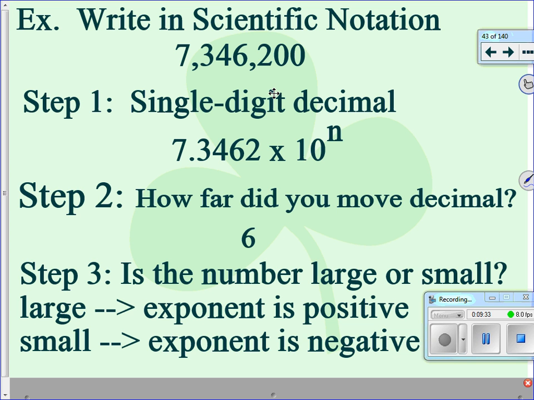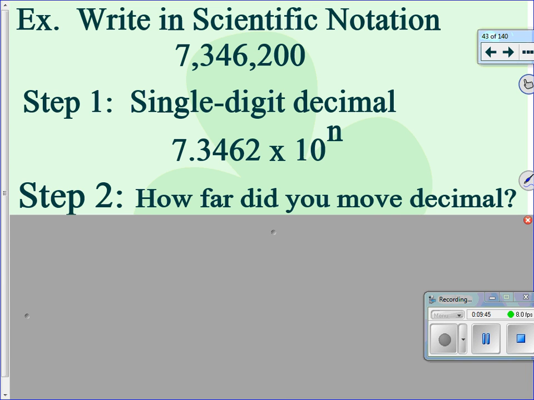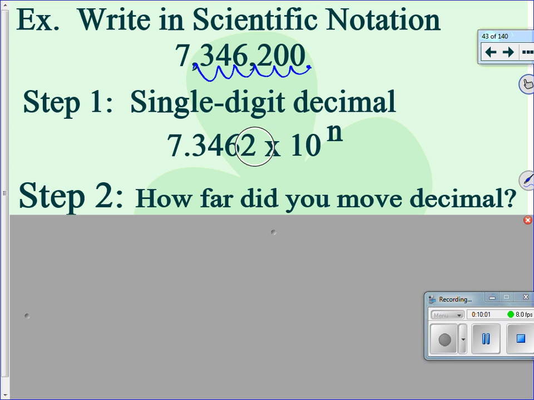You throw the decimal right after the 7 to make it 7.3462. Then you have to ask yourself, how far did you move the decimal? Well, the decimal started back here. It was invisible, so that means it was at the end. And then I moved it 1, 2, 3, 4, 5, 6 spots to get it up there. So I moved it 6 spots.